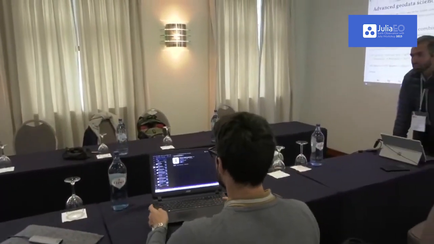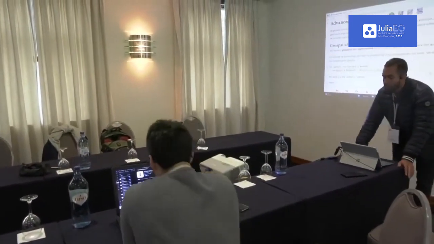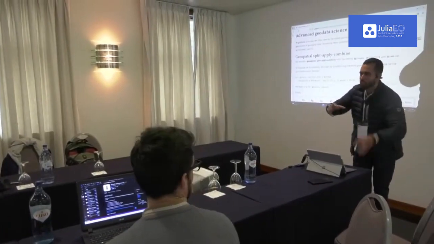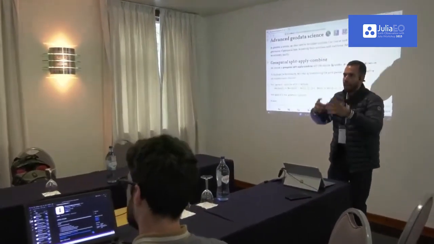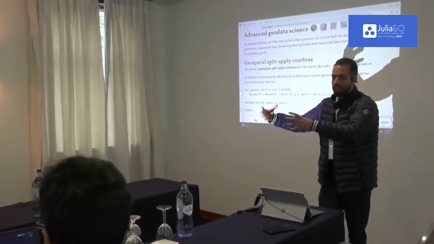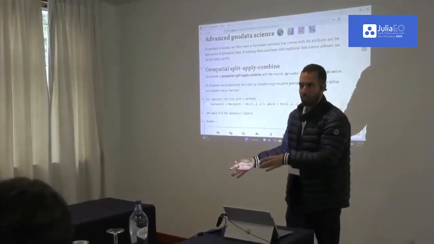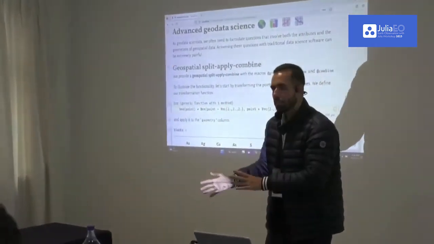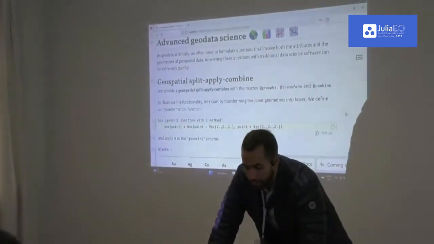You pose your scientific question and you want to find an answer, it's usually a split, apply, combine. The pre-processing pipelines are for transforming your data in non-trivial ways. But after you get to your final data set, you do a split, apply, combine to answer the question.